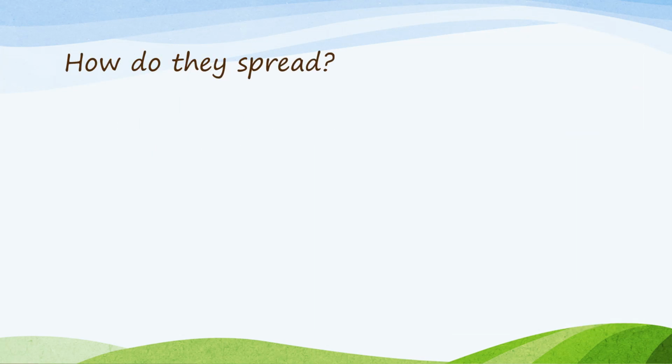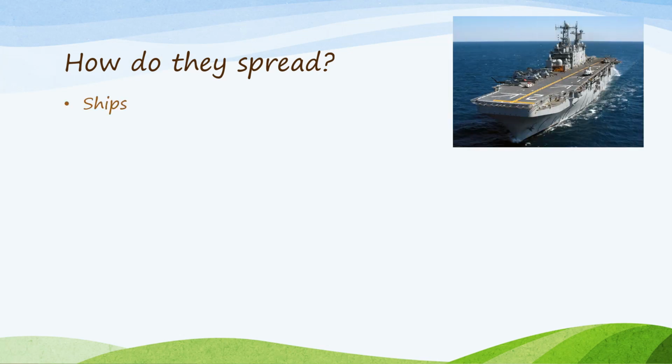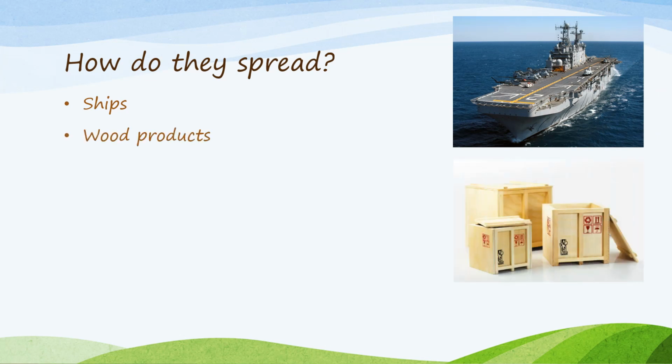Exotic and invasive species are mainly spread by human activities, oftentimes by accident. People and the goods we use travel around the world very quickly, and they often carry uninvited guests with them. Ships can carry aquatic organisms in the water within them. Insects can also get into wood, shipping pallets, and crates that are shipped around the world.